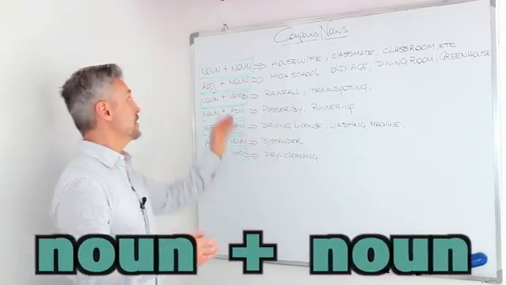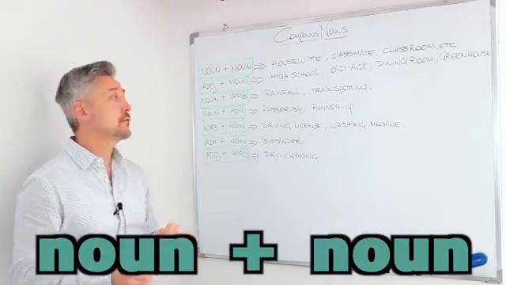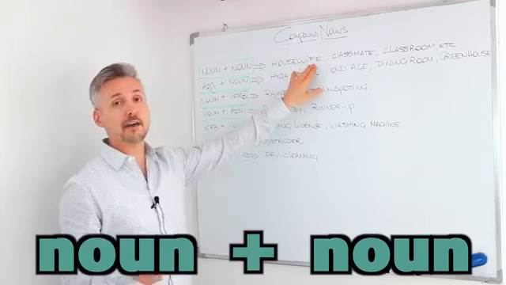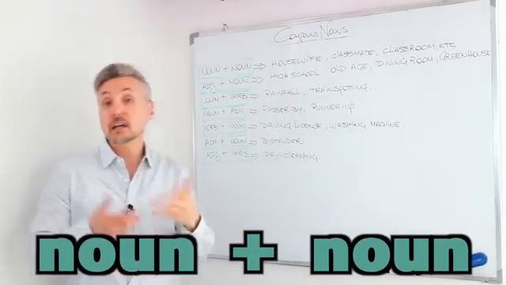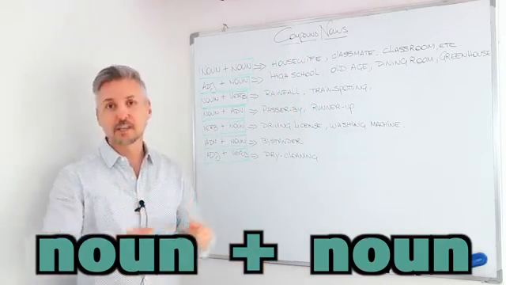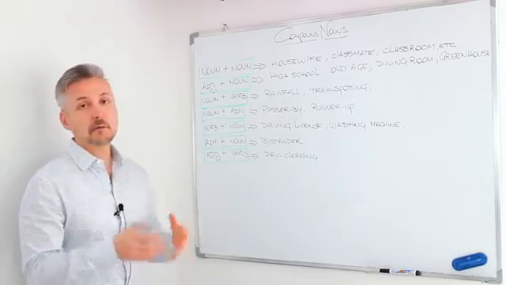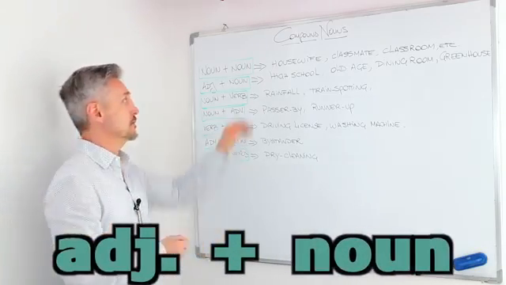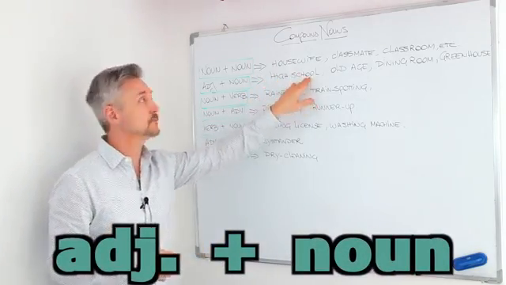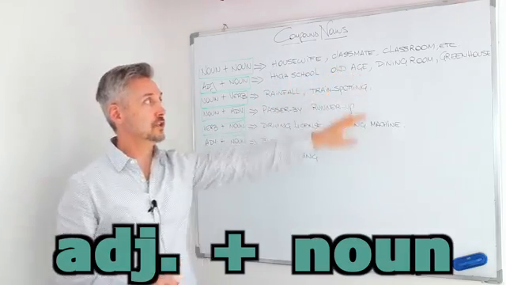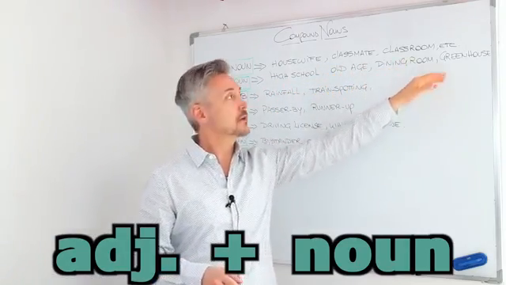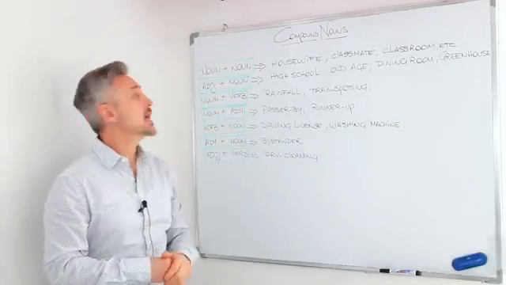They are made up of noun plus noun. For example, housewife, classmate, classroom, etc. Then we have adjective plus noun. For example, high school, old age, dining room, greenhouse.